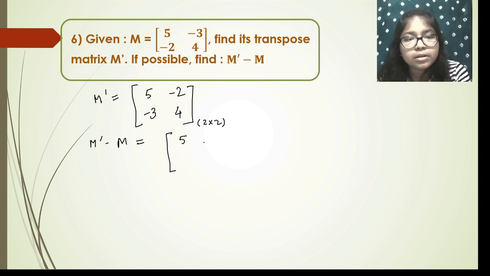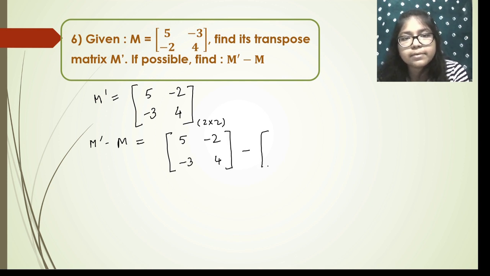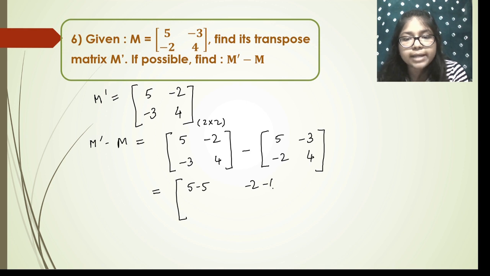Do it. 5 minus 2, minus 3, 4, minus 5, minus 3, minus 2, 4, equals to 5 minus 5, minus 2 minus of minus 3, minus 3 minus of minus 2, 4 minus 4.